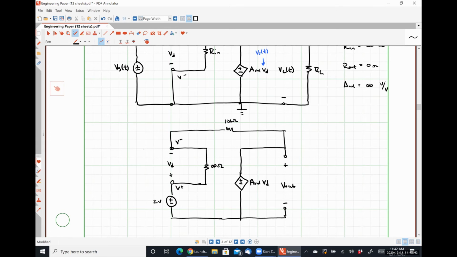Two volts goes here. And 5 kilo ohms goes here. This is the only part of the lecture I'm nervous about not remembering what I'm supposed to do. So we'll figure it out.